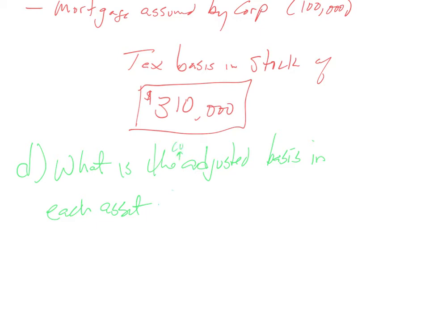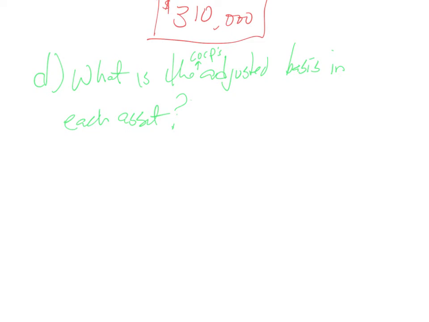Add: what is the corporation's adjusted basis in each asset. That way it's clear. Okay, so we'll just write down the assets that we have.